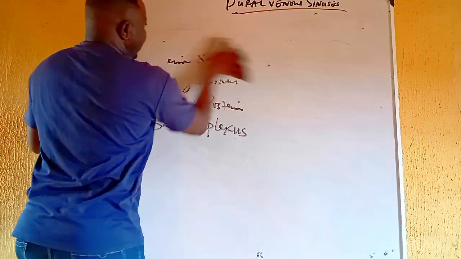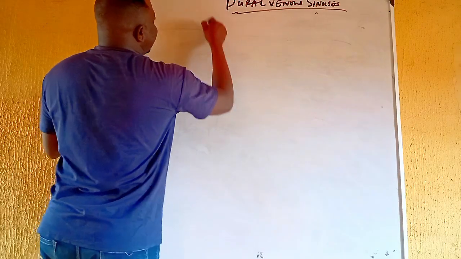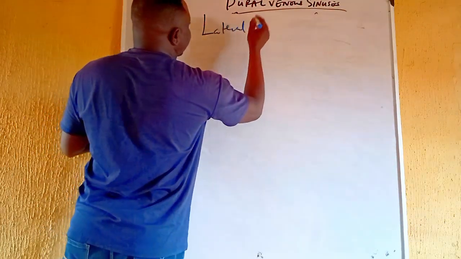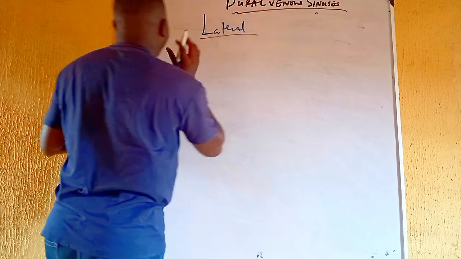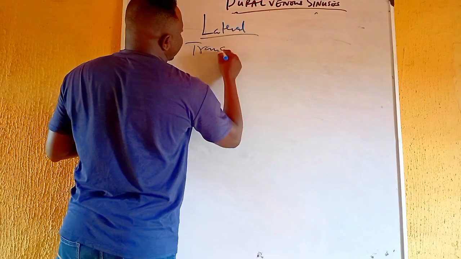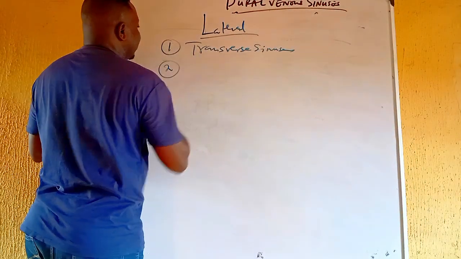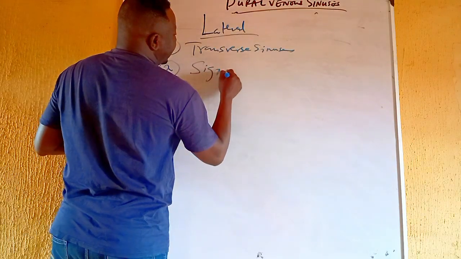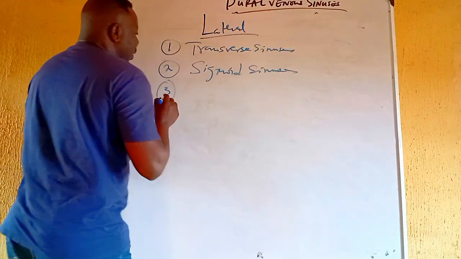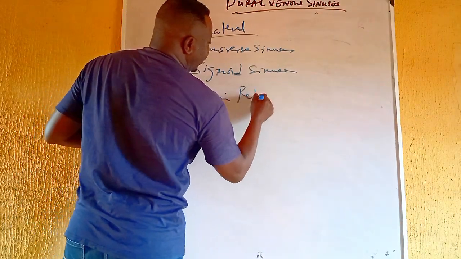Now, the ones that lie laterally are number one, the transverse sinuses. Number two, the sigmoid sinuses. Number three, the superior petrosal sinus.